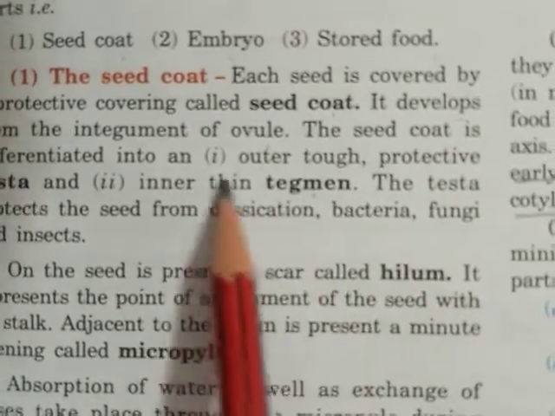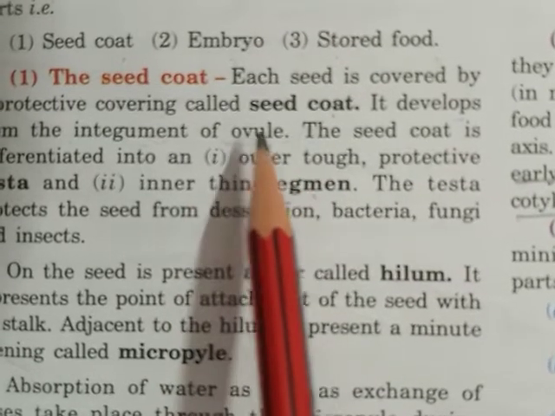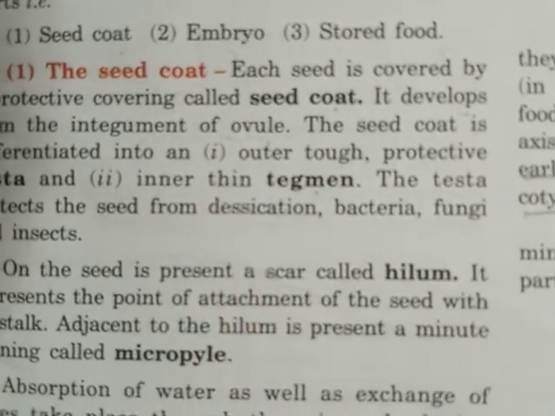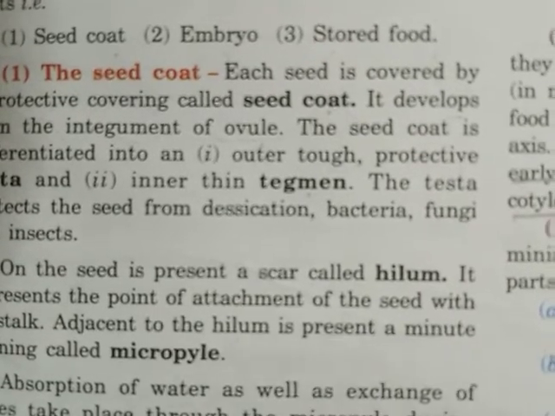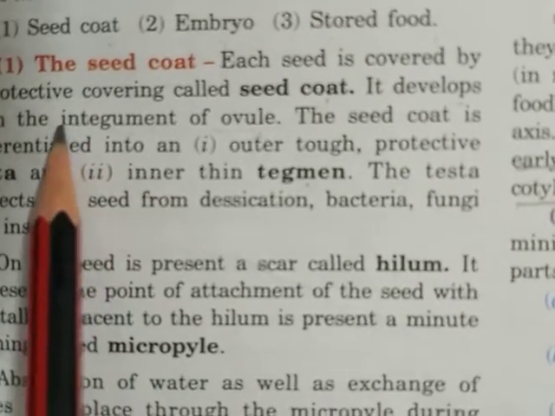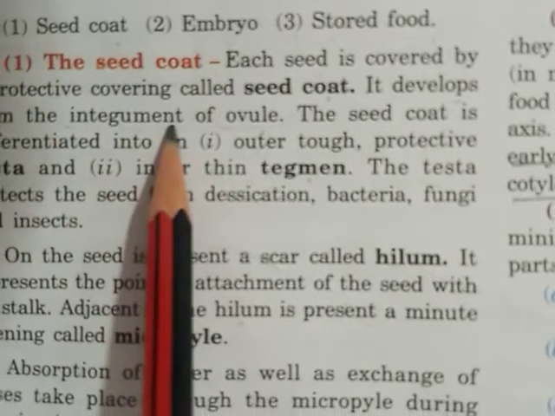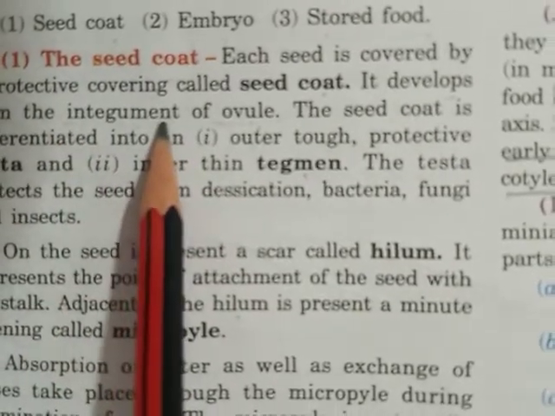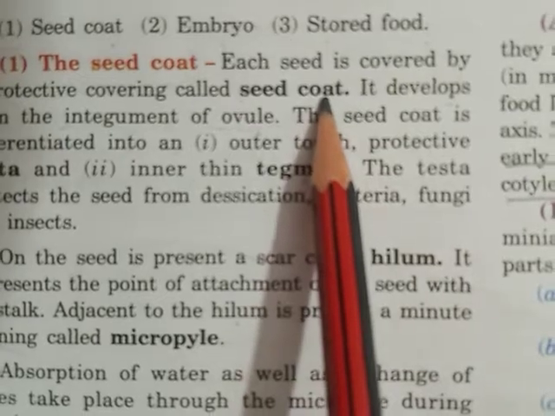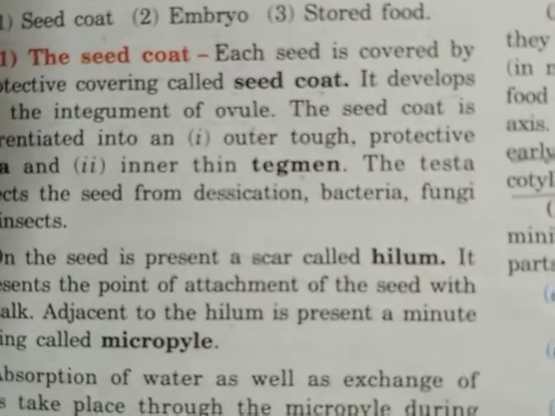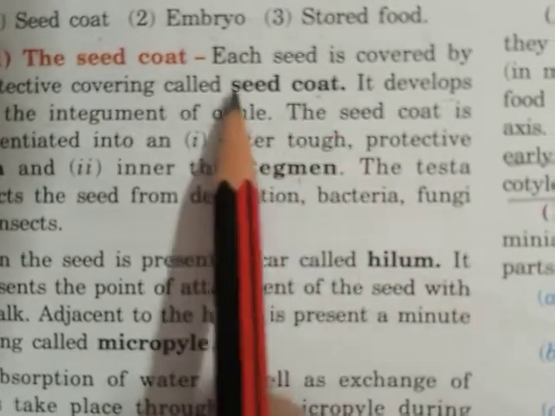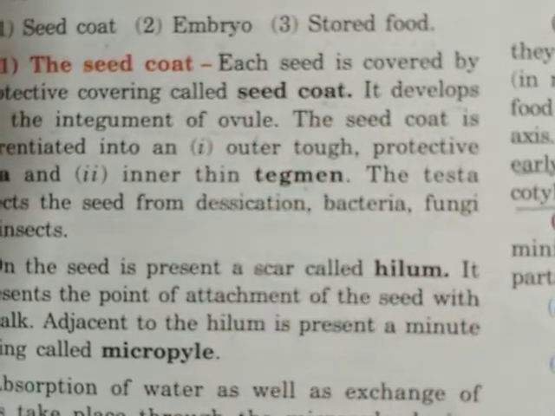See, children, the ovule is well protected by a double layer, and that double layer is known as the integument. And this integument forms the seed coat. Seed coat means it forms a protective covering over the seed. So the function of the seed coat is to protect the seed.